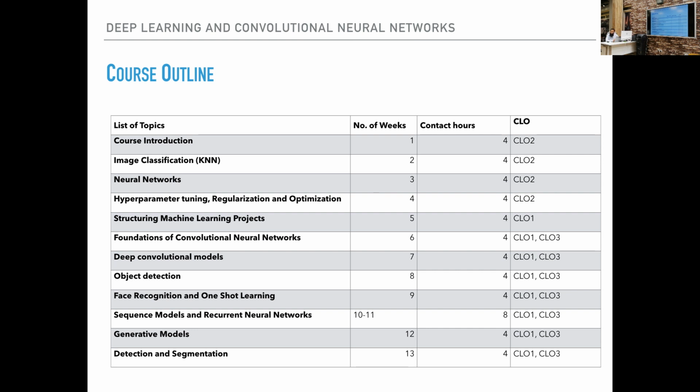Then we will introduce the concept of neural networks. Neural networks are used in a variety of applications and they are quite an old technology, but I'm going to explain why neural networks have gained a lot of popularity in the last maybe 6 or 7 years. So you will learn about general concepts of neural networks and then some advanced concepts about how to tune the parameters, the hyperparameters, regularization, and optimization of the architecture. And you will learn how to structure machine learning projects.